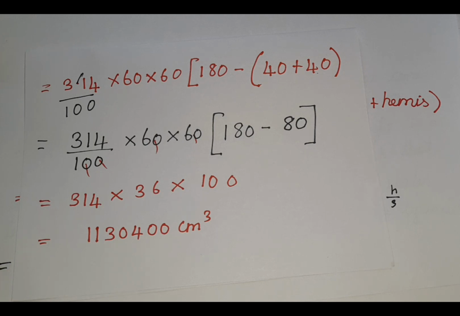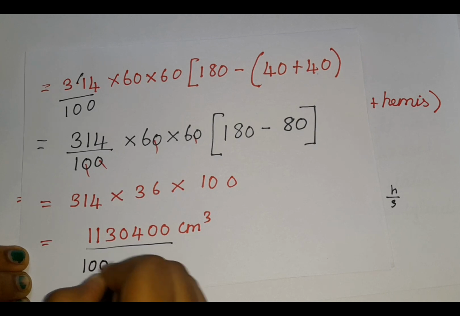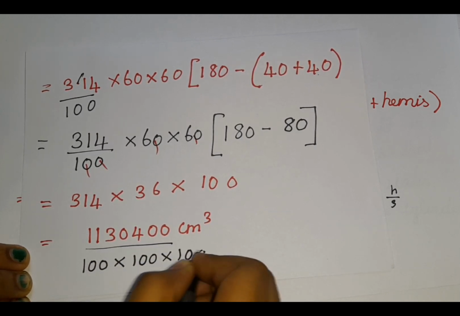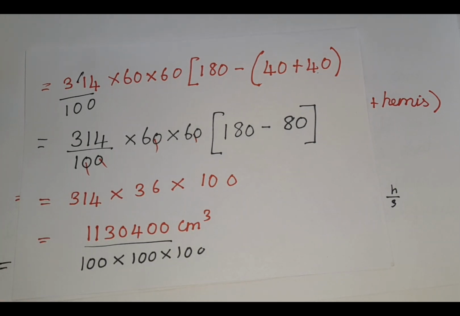Otherwise, if you want to convert to meter, you are supposed to divide it with 100. How many hundreds? We are supposed to divide it with 300. Why am I dividing it like this? Because if you want to convert to meter, not just meter, meter cube.